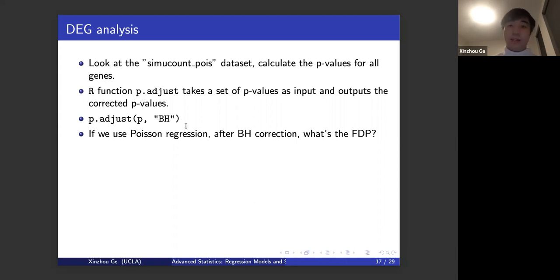And we can calculate the FDP after the correction. So let's go back.